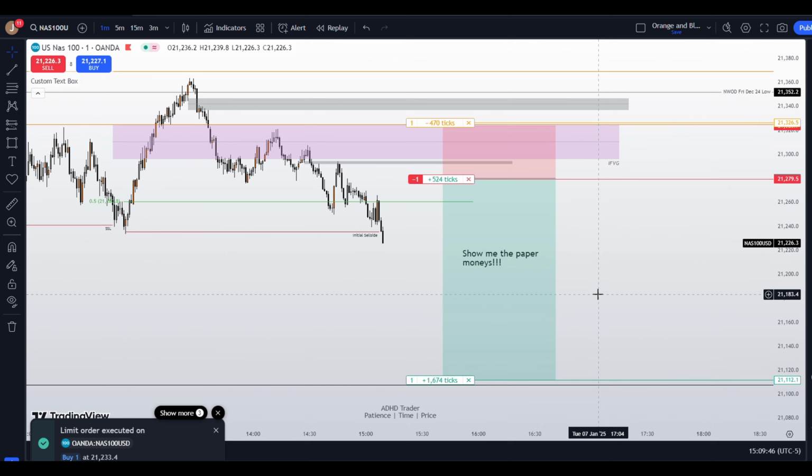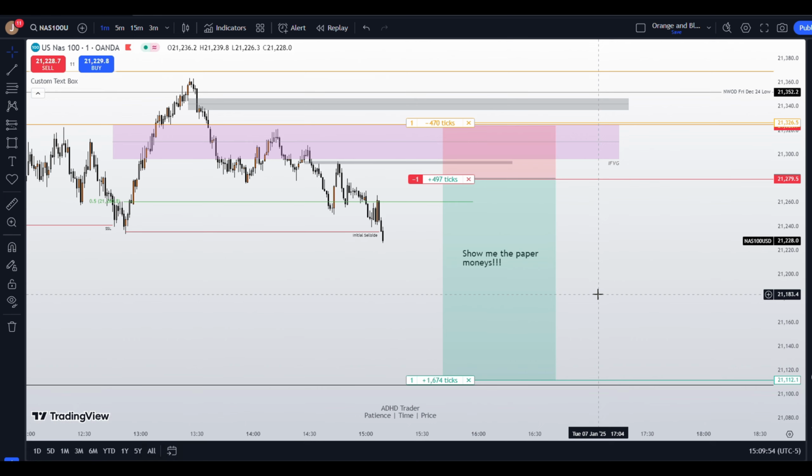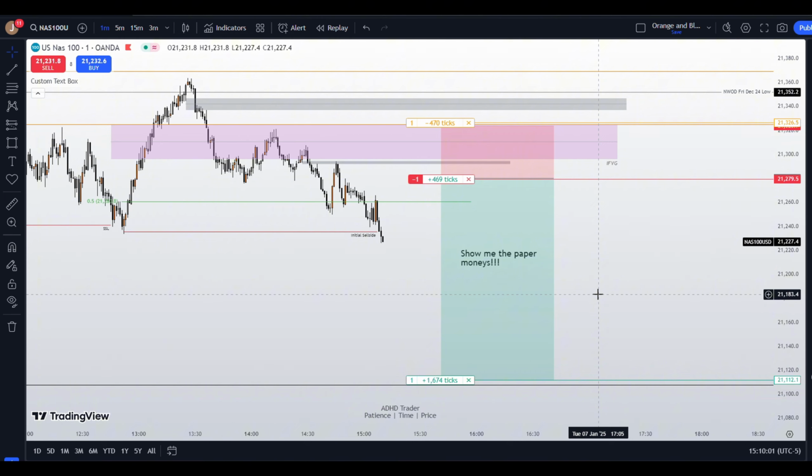Partials have been taken. So at around this point, I'm quite flexible enough to move my stop to break even, or as close to break even as possible. Maybe a couple of pips above, possibly just underneath that fair value gap.